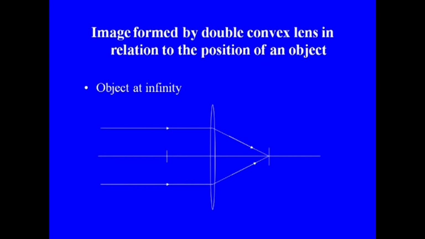Now, as we are discussing the focus here, let us go into the relationship between the image formed by a double convex lens in terms of the position of that particular object. First option could be that the object is placed at infinity. Now, when the object is placed at infinity, then parallel rays of light will fall on the lens.